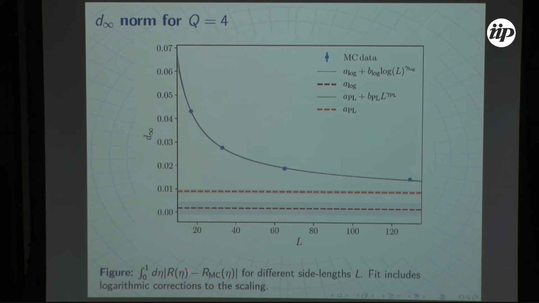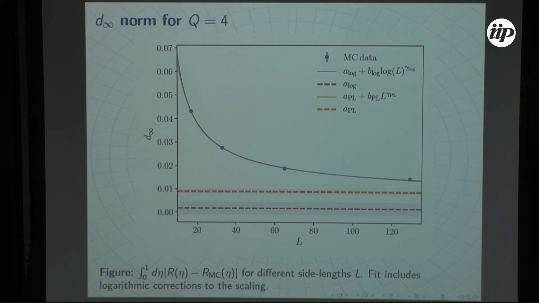Well, then you can see this for different values of L. You can see that it goes to 0, but very, very slowly. And when you fit it with some power law with some logarithmic correction, then it's compatible with 0. So this is the area of confidence of the fit.